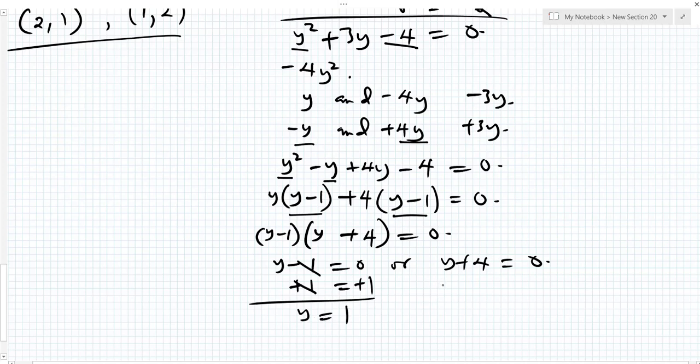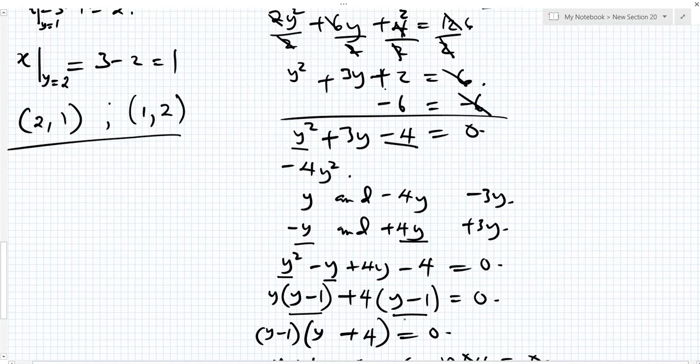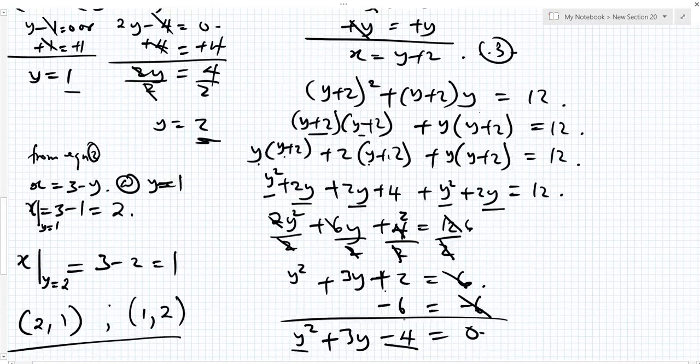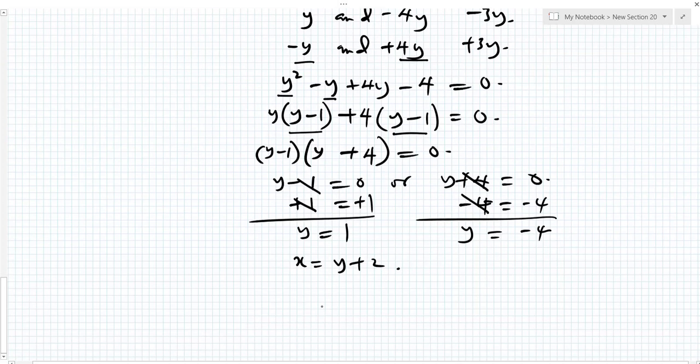Here is the same thing: if you add minus 4 to both sides, this one will cancel out, and you have y equal to minus 4. Now we have gotten y equal to minus 4 and 1. If you substitute into equation 3, x is equal to y plus 2.